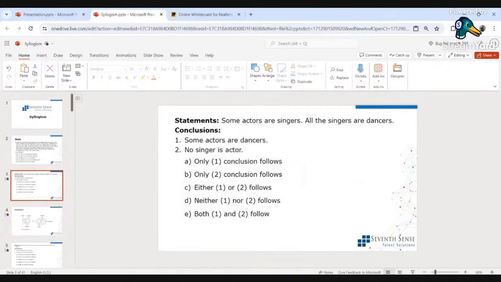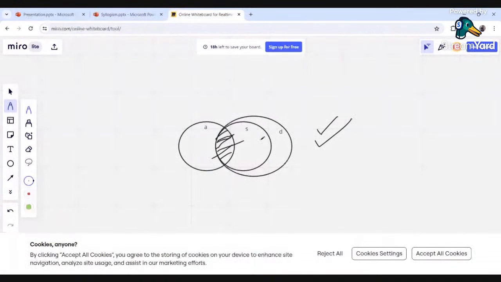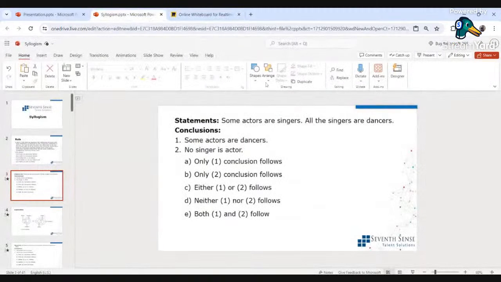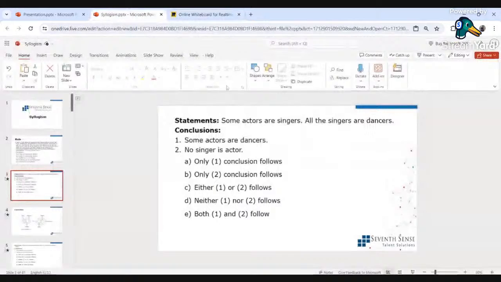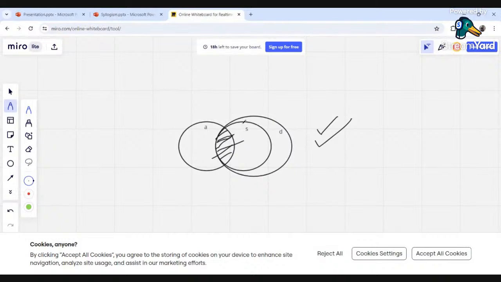So did I miss something? Some actors are singers, all the singers are dancers. Yes, so some actors are dancers. Yes, some of them are. Then, sorry, no singer is an actor.